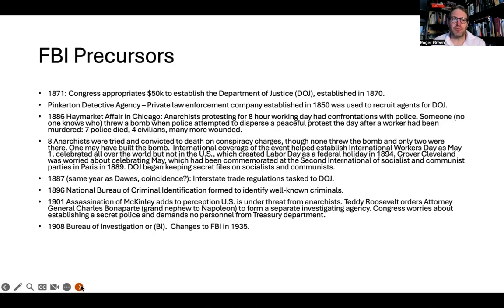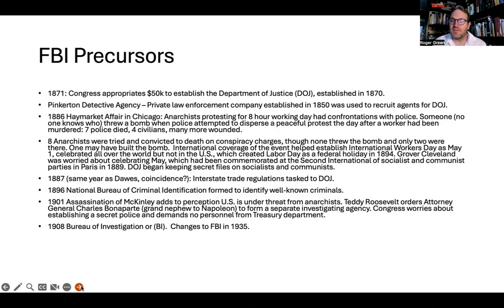Now let's look at some of the precursors again, flipping back to the US government's side of this stuff. The FBI precursors. So right after the Treaty of Fort Laramie in 1868, in 1871, Congress appropriates $50,000 to establish the Department of Justice. That's kind of news to some of my United States citizen students, right?